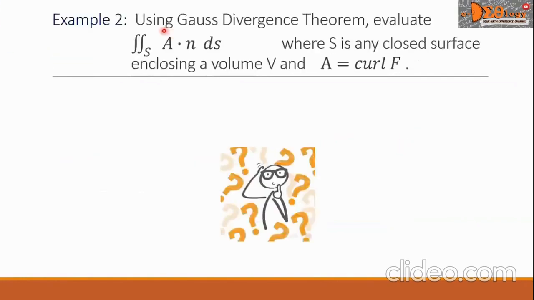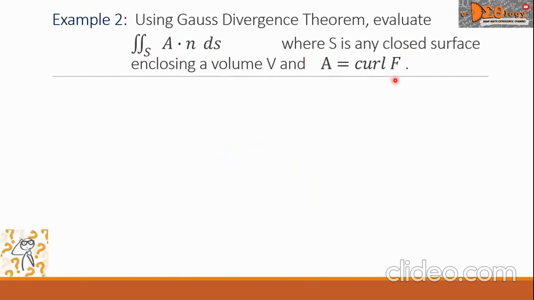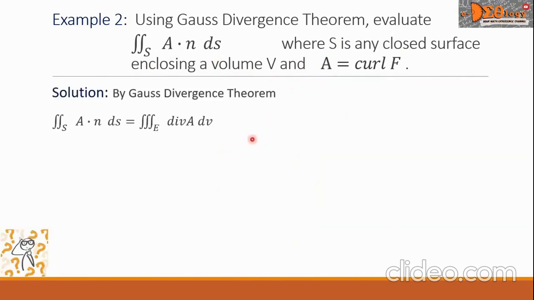Example 2. Using Gauss divergence theorem, evaluate double integral over S vector A dot N dS, where S is any closed surface enclosing a volume V, and vector A equals curl F. Let us write the Gauss divergence theorem formula.